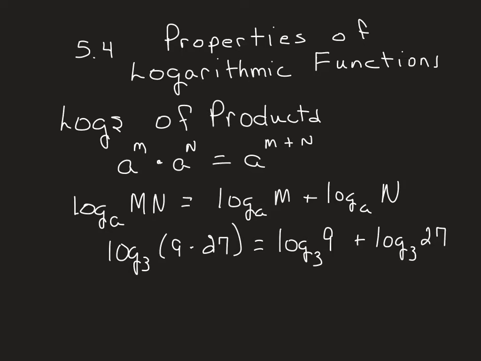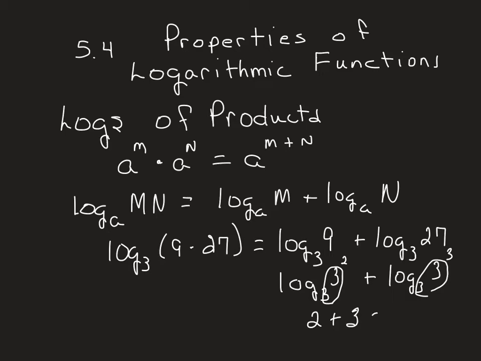Now I'm not finished here because I can rewrite 9 as 3 squared, plus the log base 3 of 3 cubed. And I think we had talked about this a little bit. If not, we'll talk about it a little bit more in just a bit. But if these two match, this is equal to 2. And if these two match, this is equal to 3. And we get that this value is equal to 5.